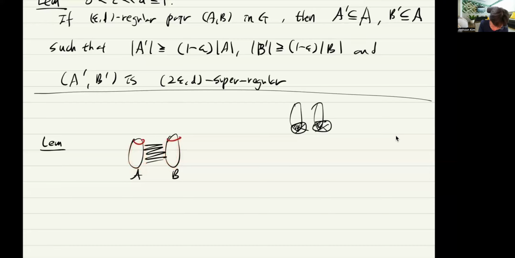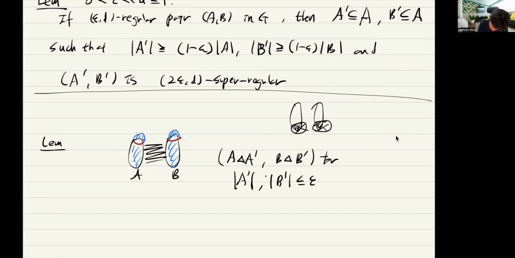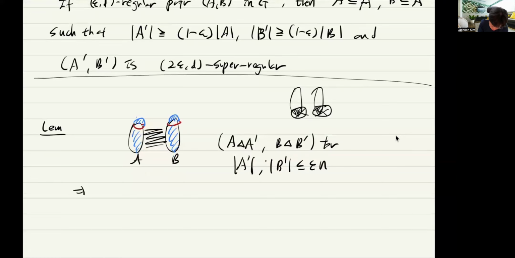And even adding some vertices, you take, say, the symmetric difference for, say, A prime and B prime has small size, and the resulting one is again epsilon regular.